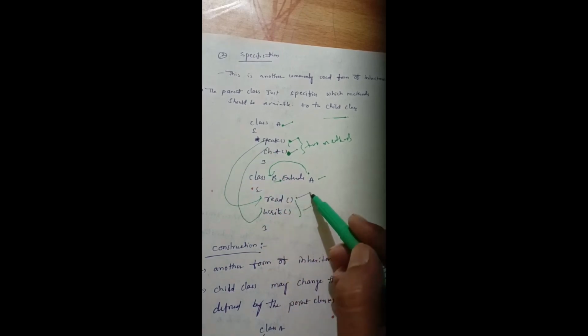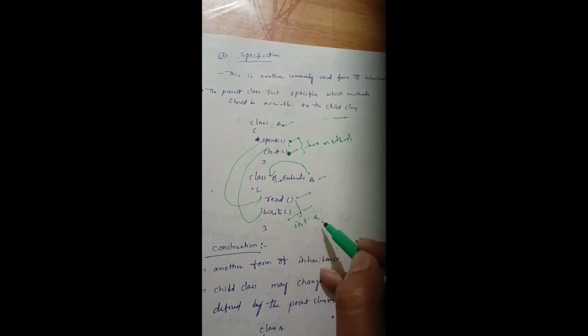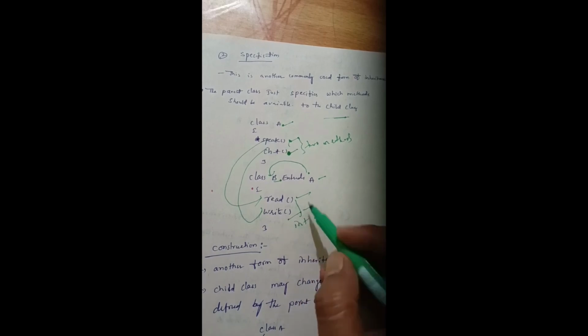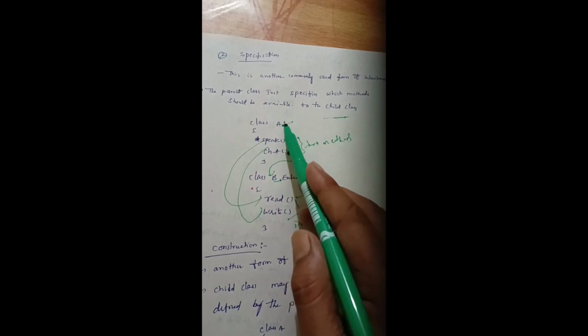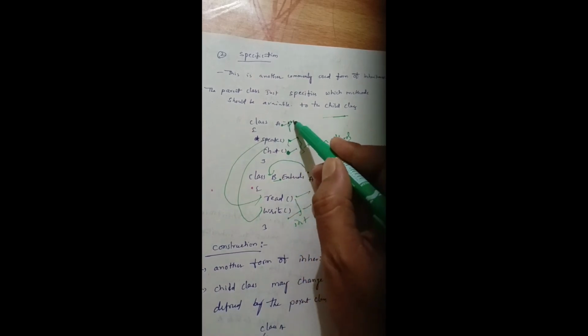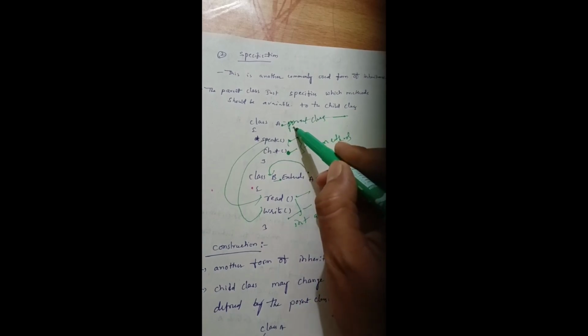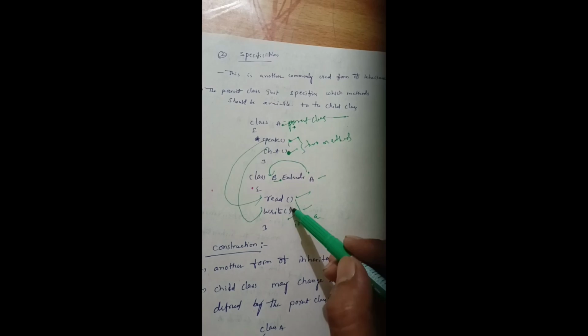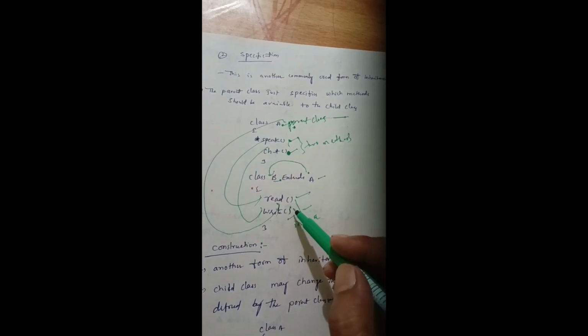Extra, we add a read method and a write method. Suppose we want to add int a. All these extra properties are also available. But the parent class only needs to know which methods are implemented in the child class.